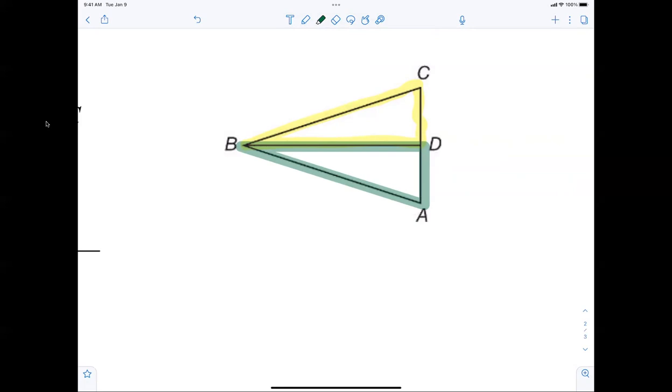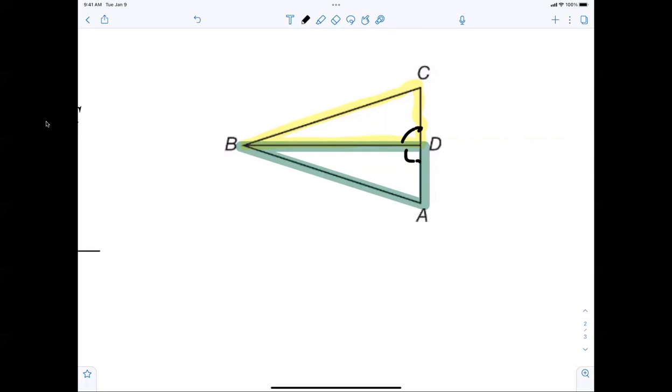So if their parts are congruent, now tell me what parts are congruent. You would say BDA is congruent to BDC. You would say CBD is congruent to ABD. And you would say angle A is congruent to angle C. You would say BC is congruent to BA, AD is congruent to CD, and BD is congruent to itself.